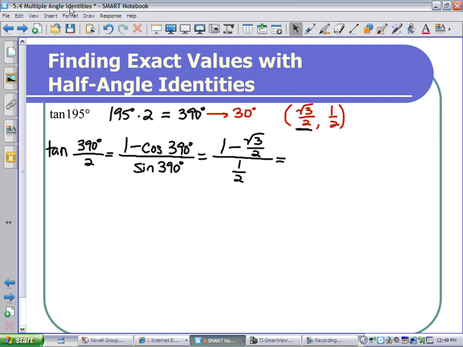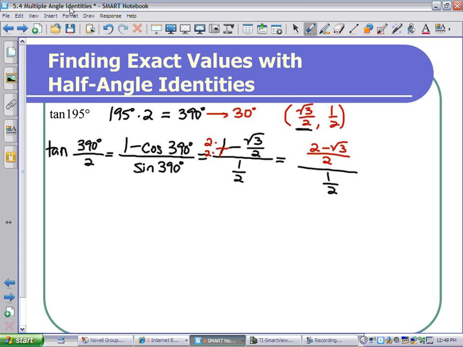I've got a fraction in the numerator, and in order for me to add or subtract, I have to get common denominators. So that means I need to think of 1 as 1 over 1, multiply by 2 on the numerator and the denominator. So you have 2 minus the square root of 3 all over 2, all over 1/2.